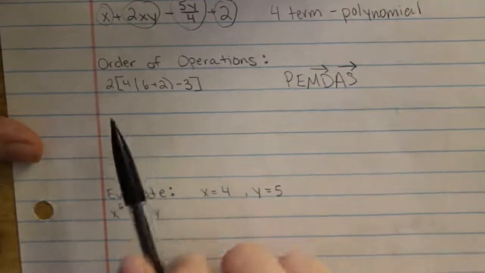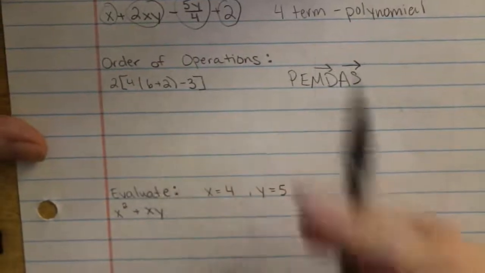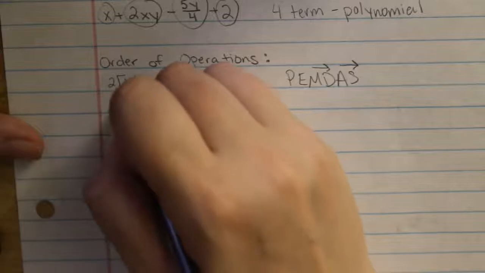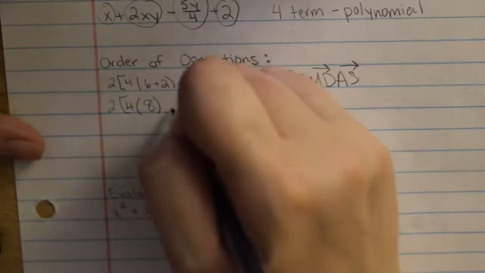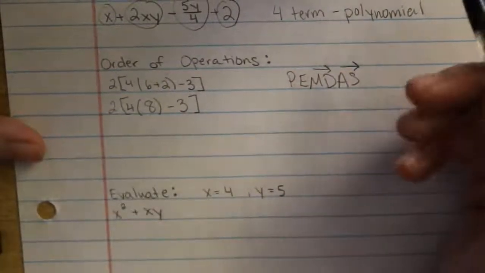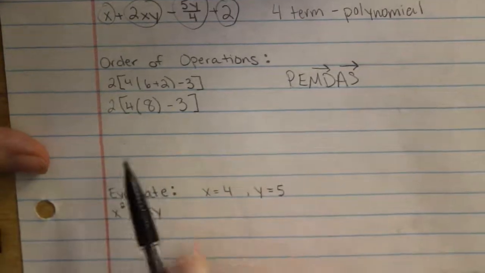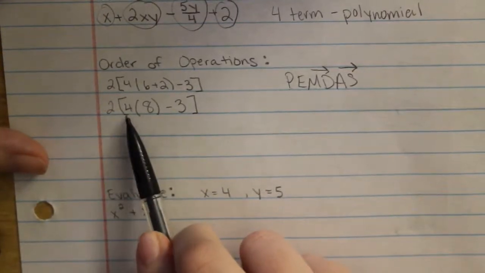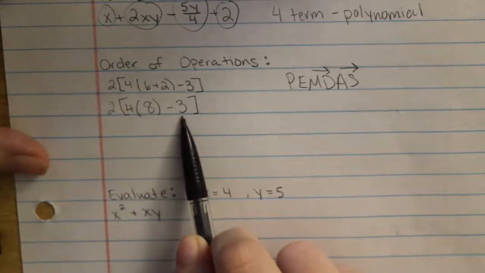So the first thing we're going to do is see we've actually got two different sets of parentheses, so I'm going to start at the innermost one. I'm going to add my 6 and my 2. So I'm going to have 4 times 8 minus 3, all of that times 2. Okay, the next thing I'm still working with my parentheses. You can see here, brackets are just another form of parentheses. So these are square brackets. What am I going to do next?